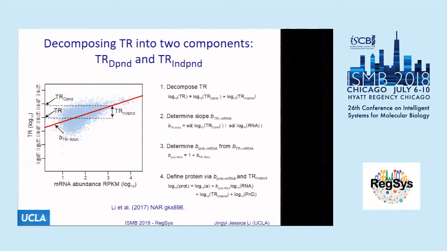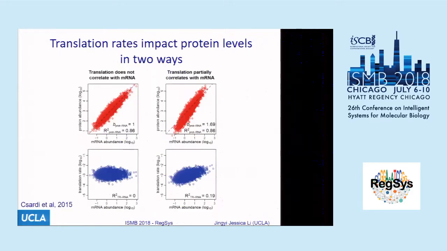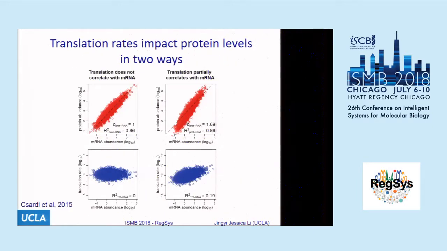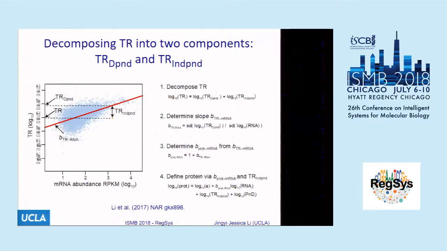Then theoretically, going back to the central dogma, if the protein abundance is determined by mRNA expression plus translation, then on the log scale, we should have the slope between protein and mRNA as 1 plus the slope contributed by the translation rate. This is our hypothesis.